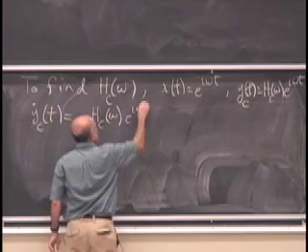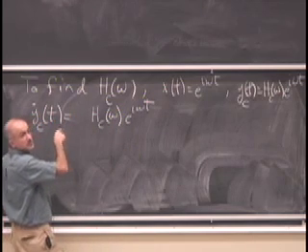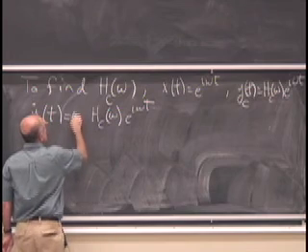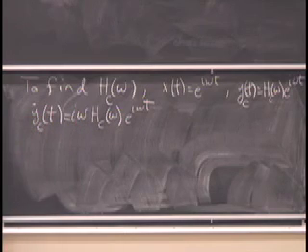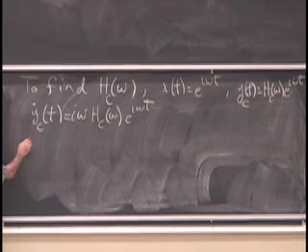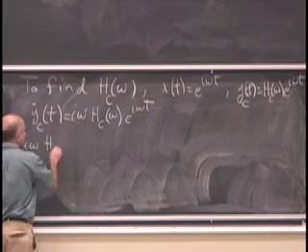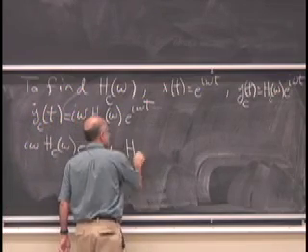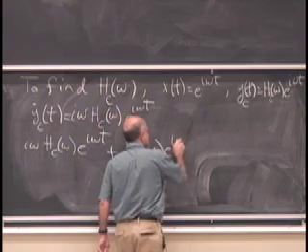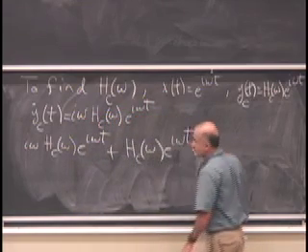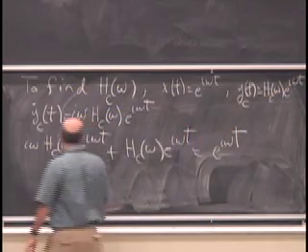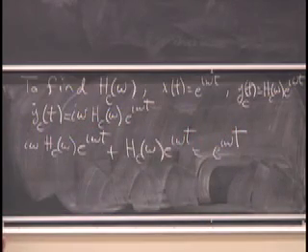E to the I omega t, and then what else? Times I omega. And you plug that into the expression. So on the left side you have I omega HC e to the I omega t plus HC e to the I omega t. And on the right-hand side you have e to the I omega t. And now what?